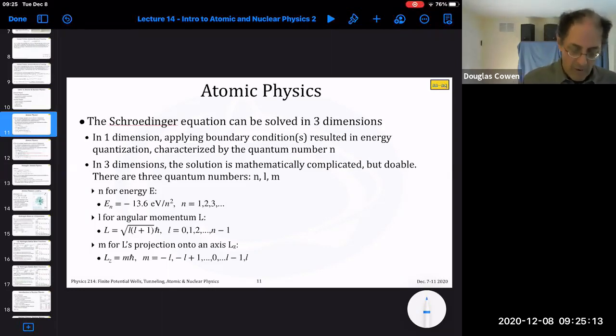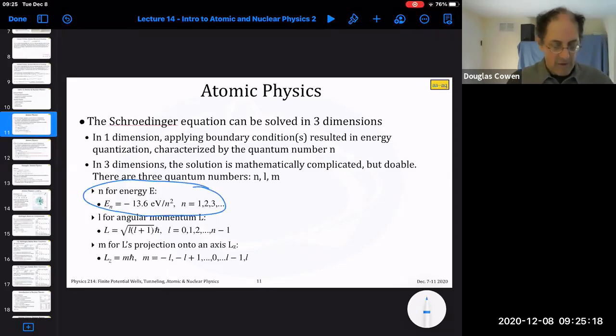So we already know from our one-dimensional solution that the energy is quantized, and the quantum number associated with that is the letter n. Since we're solving in 3 dimensions, we expect that there will be 3 quantum numbers popping out. And indeed, the other 2 quantum numbers are lowercase l and lowercase m.